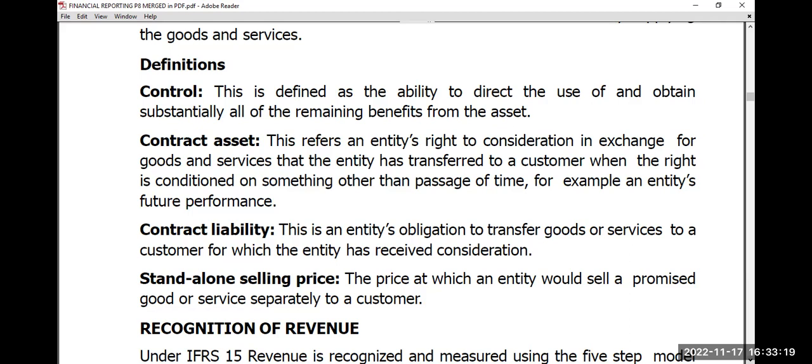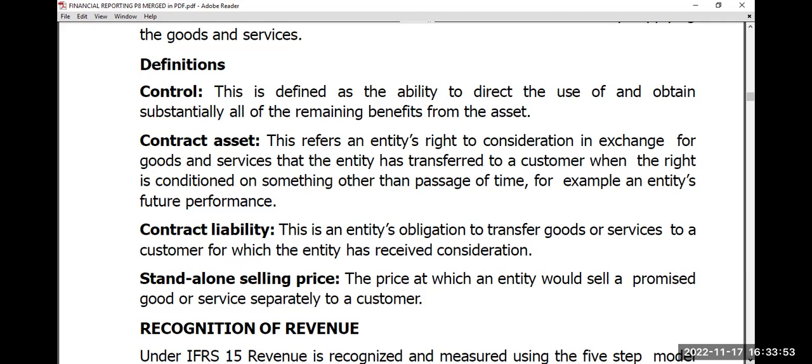The other one we can look at is a contract liability. A contract liability is just the opposite of a contract asset. And how do these contract liabilities arise? This happens if, let's say, the organization has received the money before supplying the goods or the services that are supposed to be supplied.